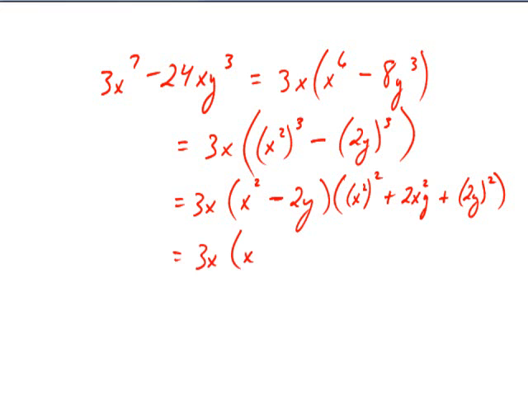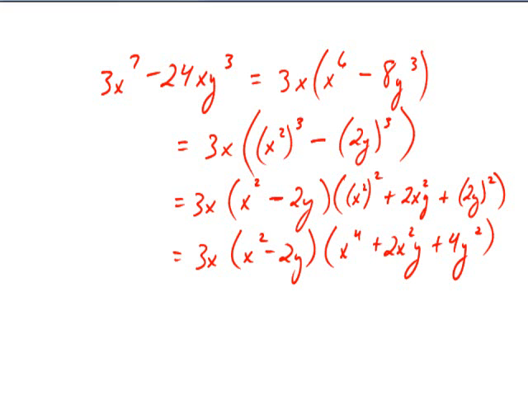Simplify one step further. And I have the factored form of 3x to the 7th minus 24xy cubed. Notice I kept the 3x throughout the rest of the problem.